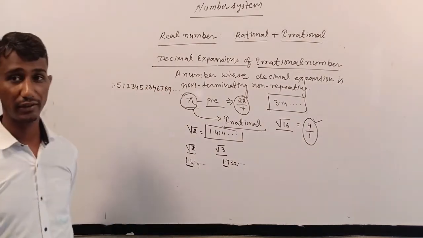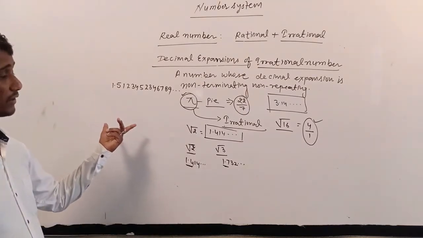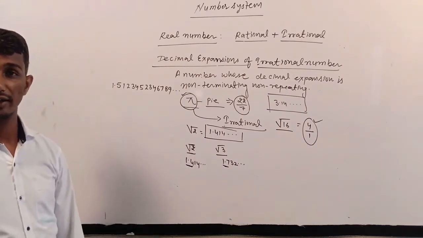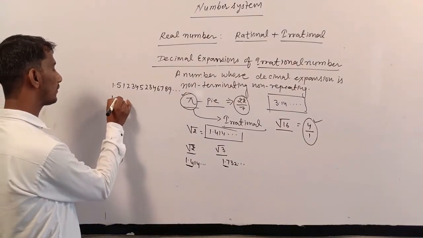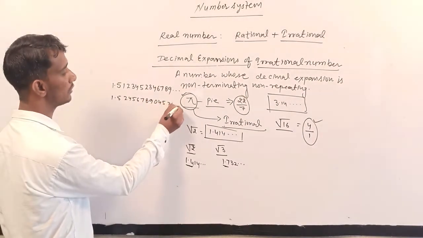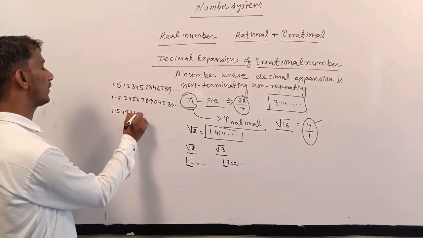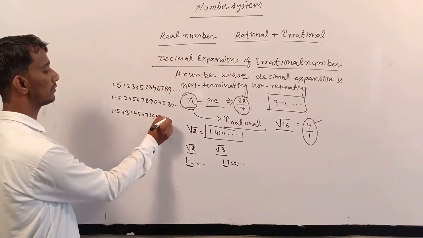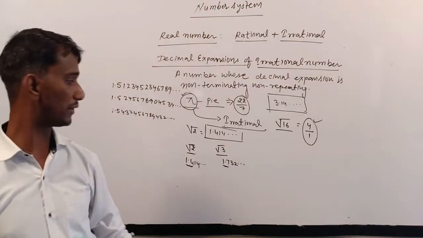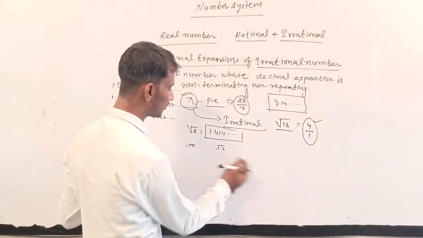Look, are any pairs of digits repeated here? No. And division is not completed, so this is an irrational number. Again, you can write 1.5 2, 4, 5, 6, 7, 8, 9, 0, 4, 2, 5, 4, dot dot dot, and again 1.5 4, 3, 2, 4, 5, 6, 7, 8, 9, 4, 3, 2, dot dot dot. In this way you can find infinitely many irrational numbers between two irrational numbers. Okay, student? I hope you are getting my point properly.